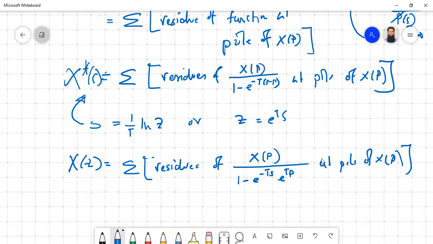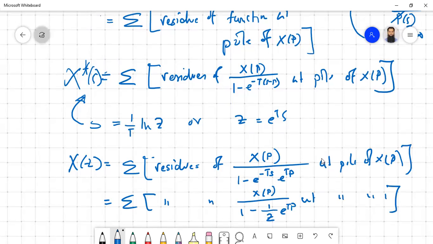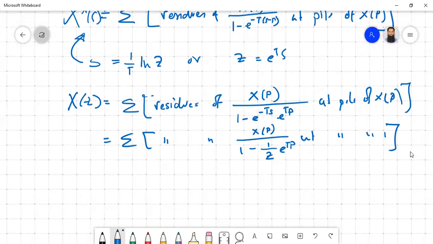I'm not writing the whole thing again and again, just to simplify the idea. This is your XP, then you have 1 minus, this is basically z inverse, so you can write 1 by z as well, e to the power Tp, at all of this.